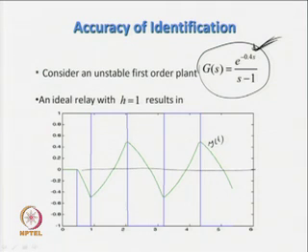What are the blue lines? This is nothing but the delayed input to the system. The blue rectangular lines are the plot of u(t minus theta).